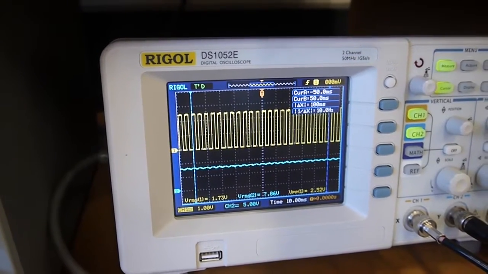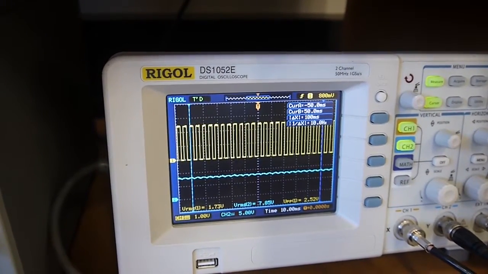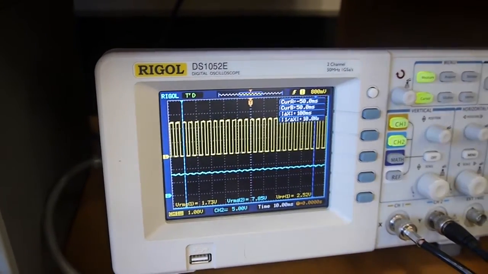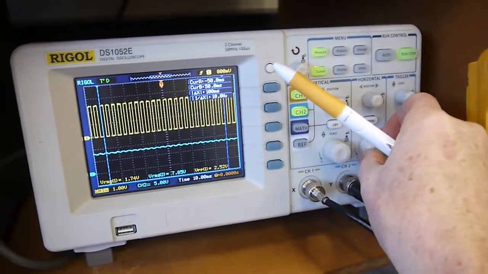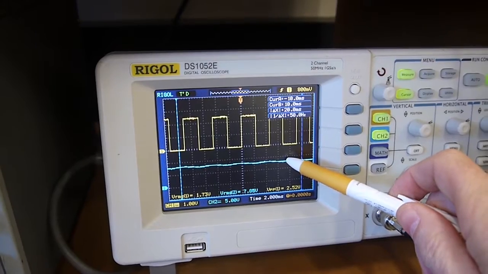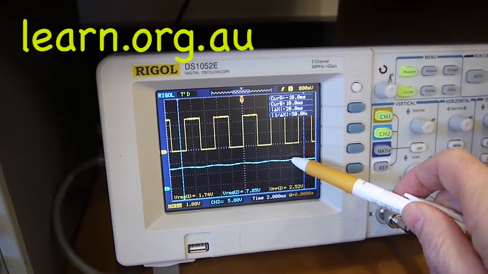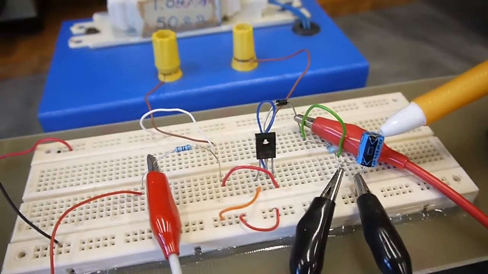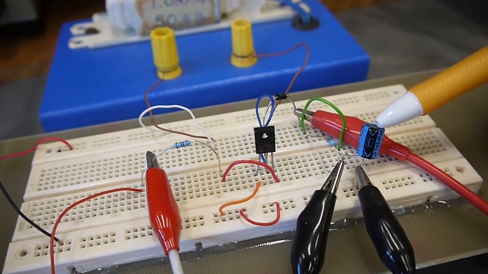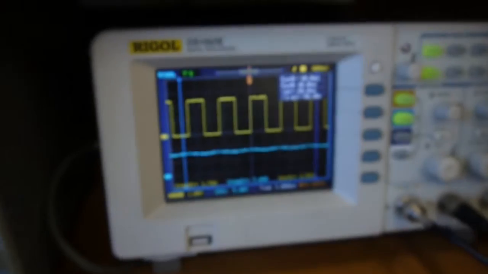It certainly changes it a little bit, and there's probably a sweet point where it's going to be at the maximum, but you can see the ripple there is much reduced at the higher frequency, which we would expect, because the capacitor at the end of the circuit now is able to store more charge between pulses.